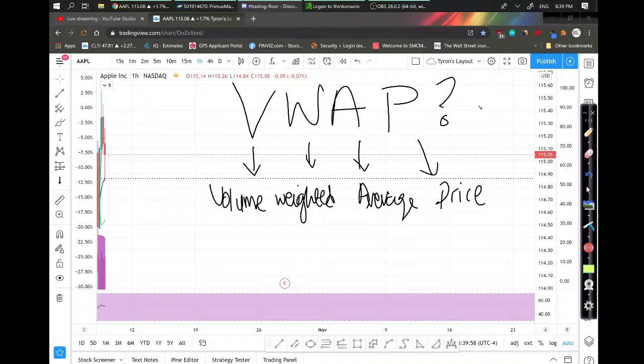Now I know many of you don't see me using the VWAP very often, but in all honesty, I do use it from time to time. It just depends on the time frame analysis that I'm using. If I'm trading intraday, I do refer to it, but it's a good gauge on the cost effectiveness.